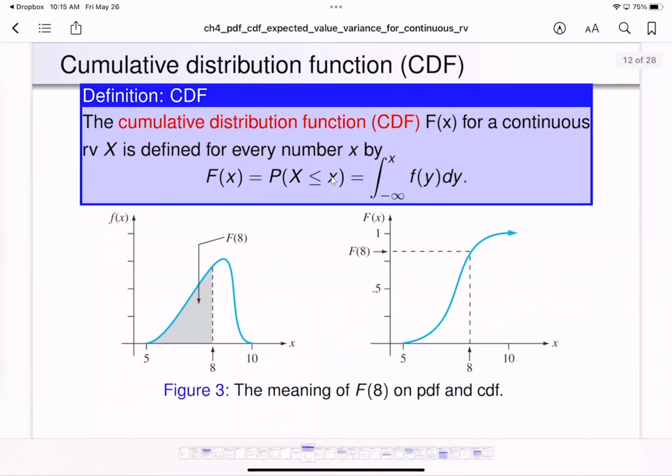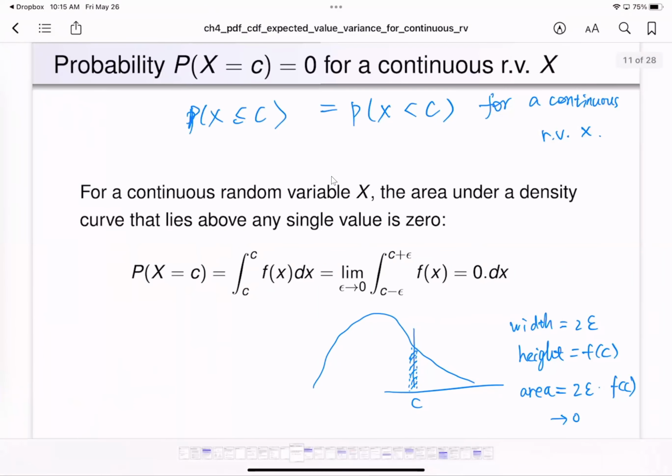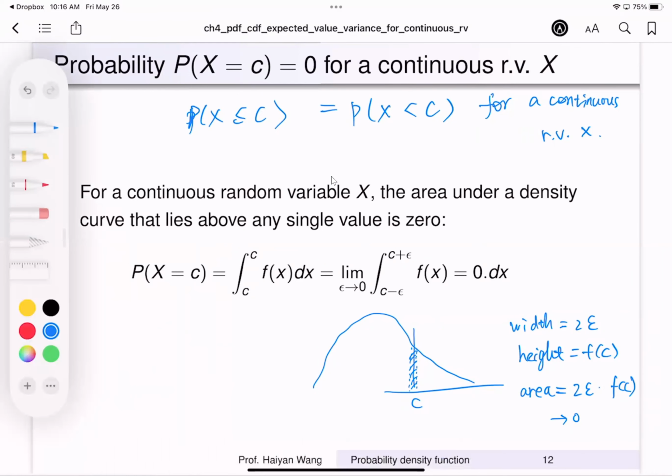Maybe I should explain why it's not the case for a discrete variable.